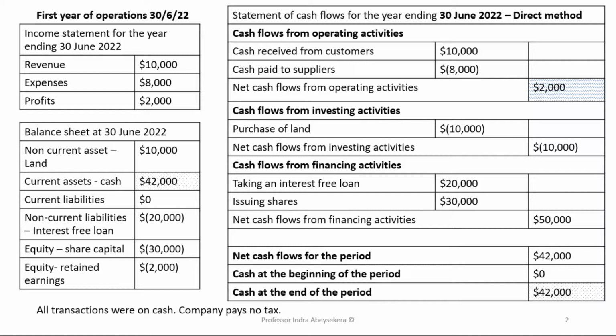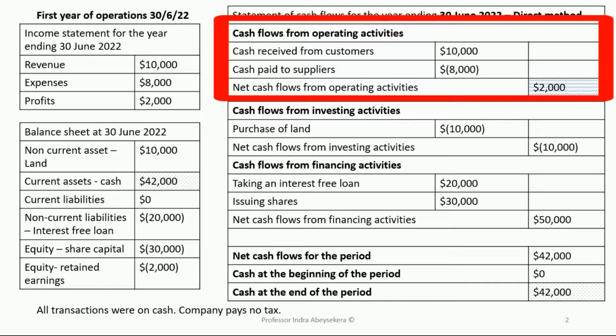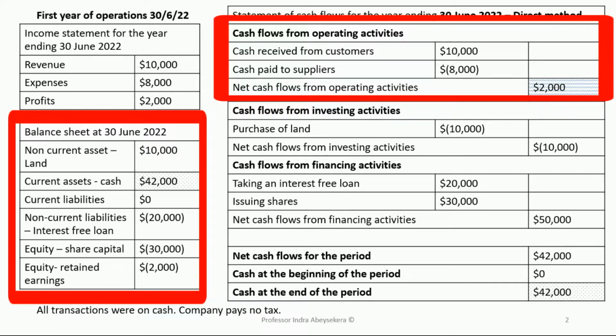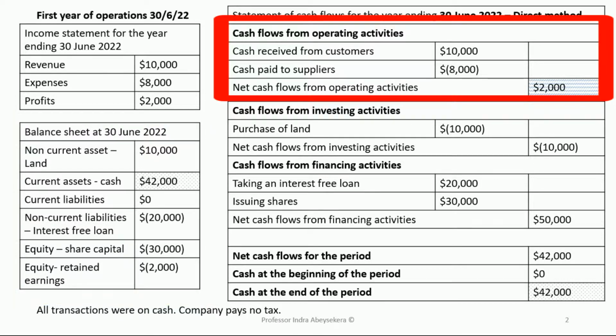So the cash flows from operating activities arise from the revenue, and any revenue that's not earned as cash is recorded as accounts receivable. When we look at the balance sheet, we don't have accounts receivable, which means the revenue is fully earned as cash. So cash received from customers is $10,000.